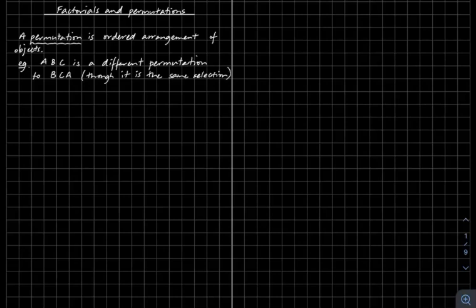Now you might recall that we call that a combination, so a selection in maths is called a combination, but for now we'll just call it a selection. So a permutation is an ordered arrangement.